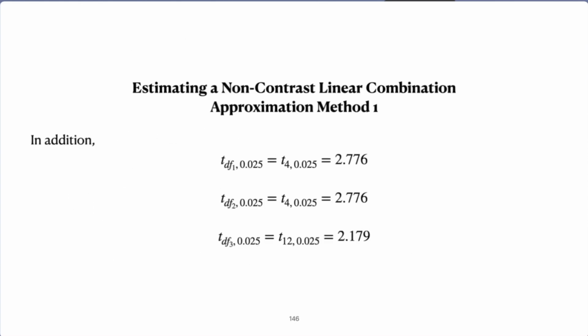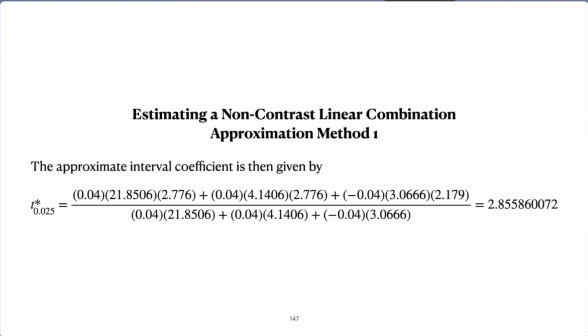In addition, this approximation method requires us to use three t-values, and so the t-values are 2.776, 2.776, and 2.179. And so plugging those values, along with the required mean squares from the ANOVA table, into the formula for this method, we get an approximate interval coefficient equal to 2.855860072.